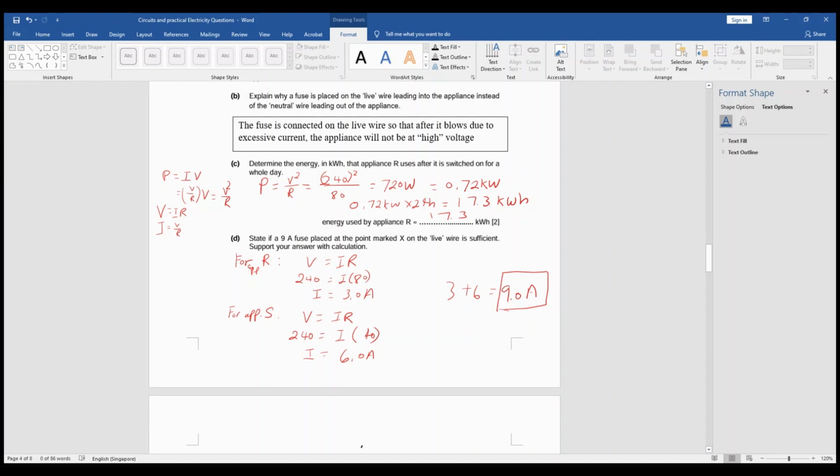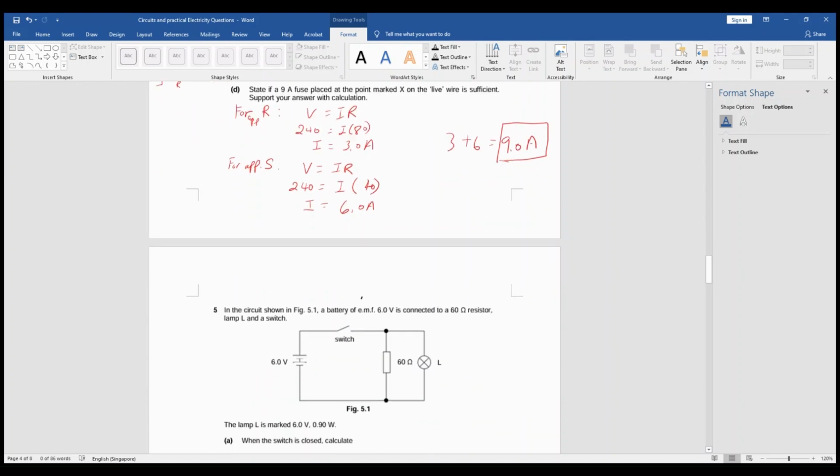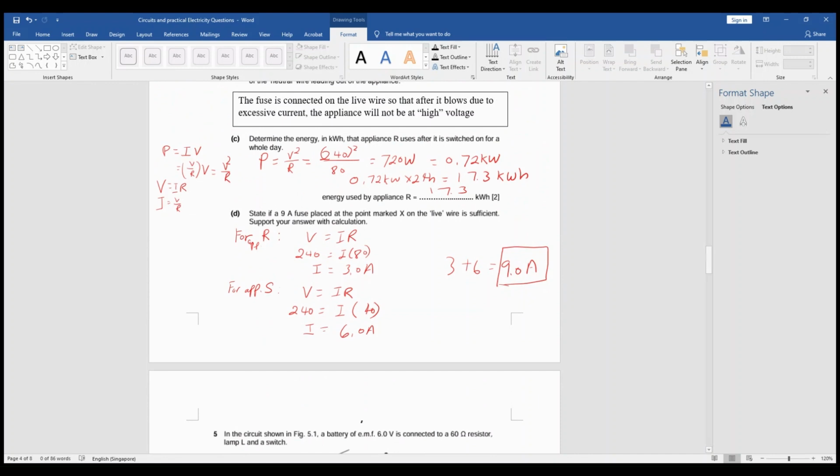We would need a higher rating. Okay, need a statement for it. Rating needs to be higher than 9 ampere.